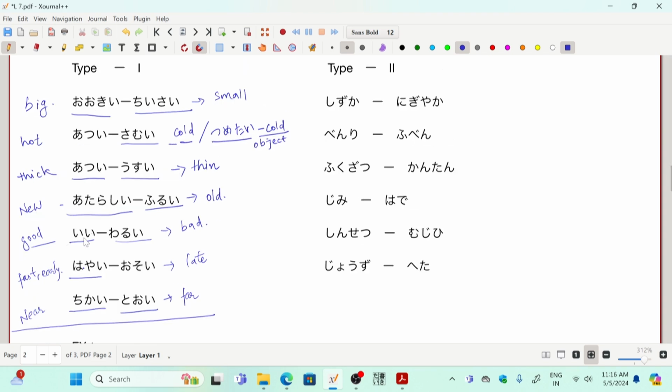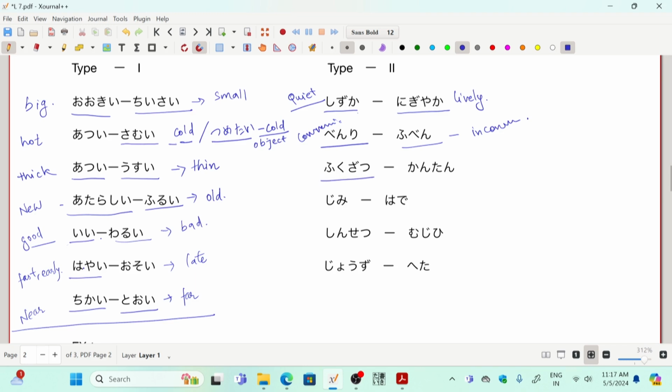Now let's go to the Na type adjectives. So shizuka. Shizuka is quiet. So it is not ending with I, that is why it is a Na type adjective. Next is nigiyaka, which is lively. Then benri. Benri is convenient. Fuben is inconvenient.